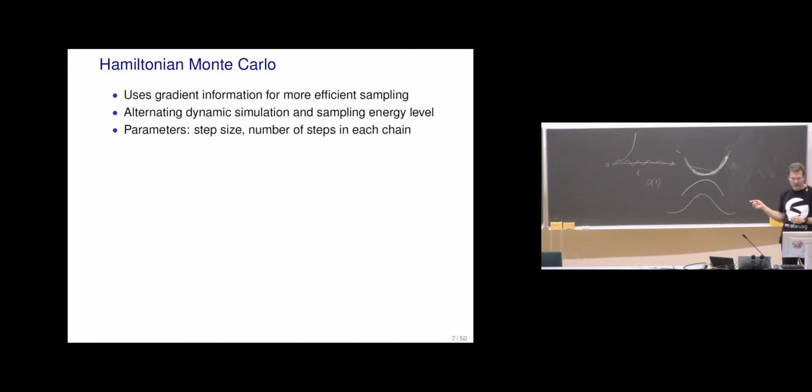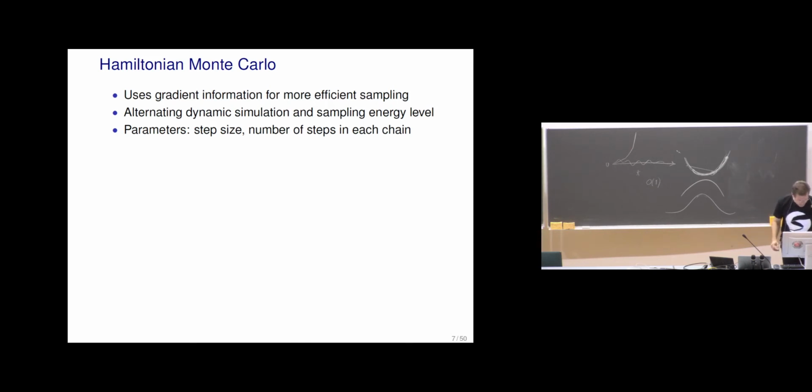I also said that if we have the number of steps badly chosen, if it's very small, we don't go really far, and if it's really big, we might get back where we already were.